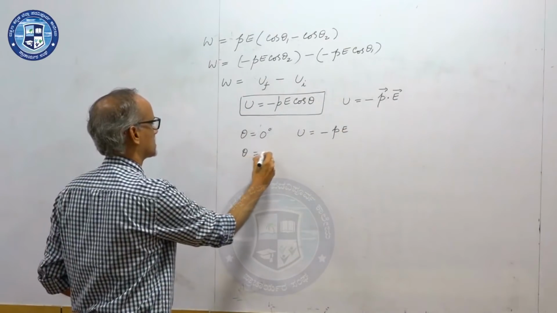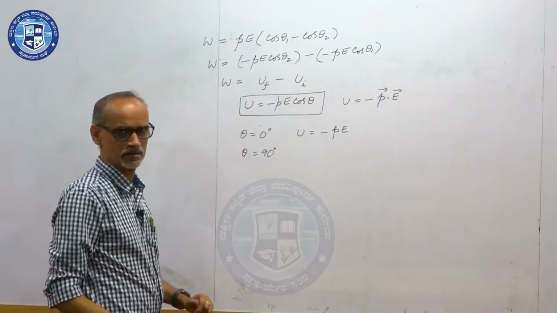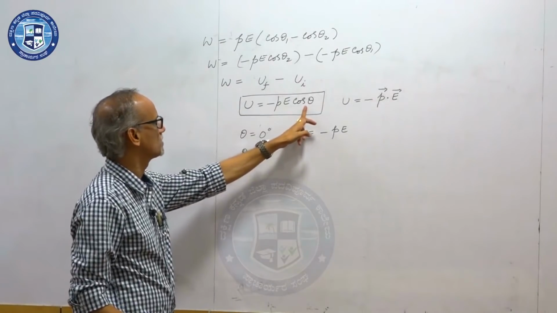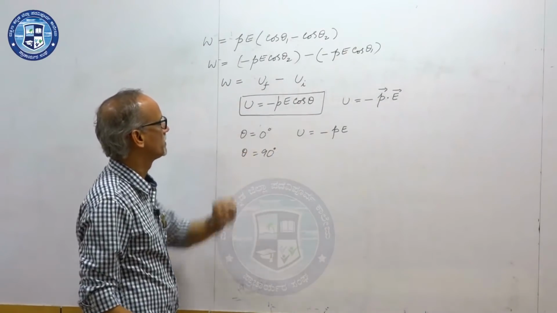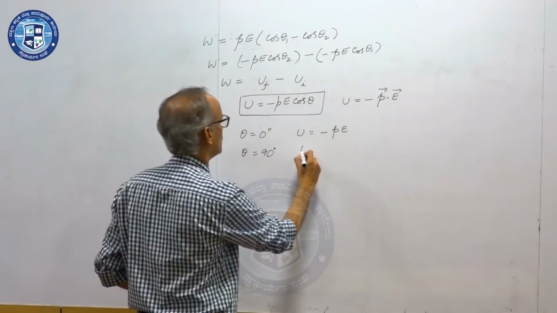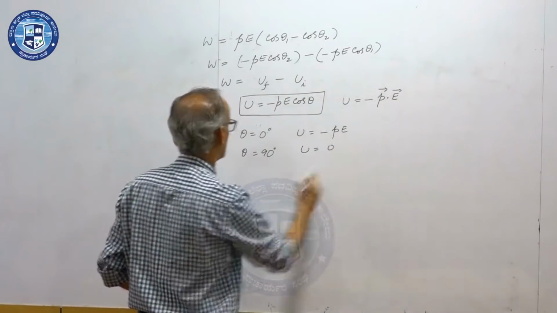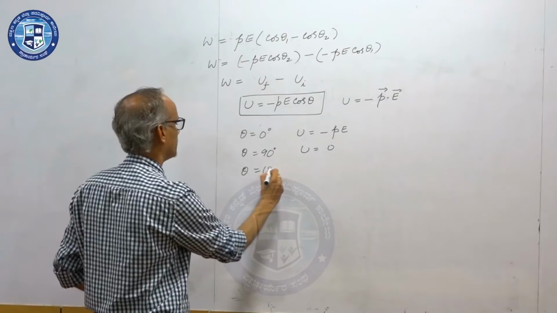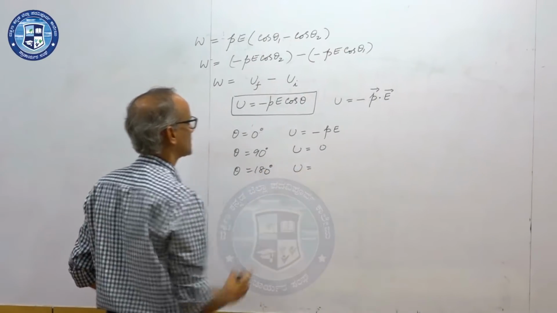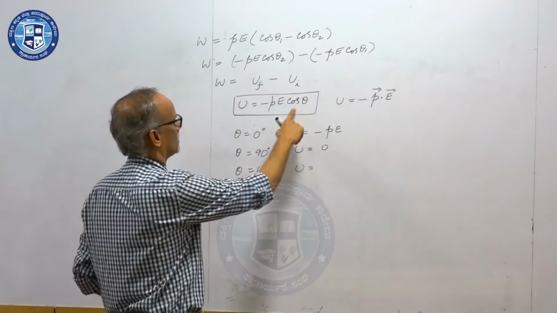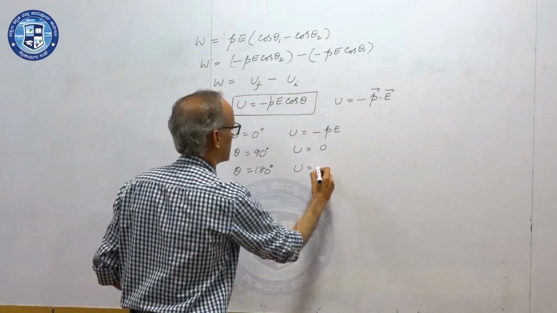When theta is 90 degree, cos 90 becomes 0, so we get U is equal to 0, and when theta is 180 degree, cos 180 is minus 1, so we get plus Pe.